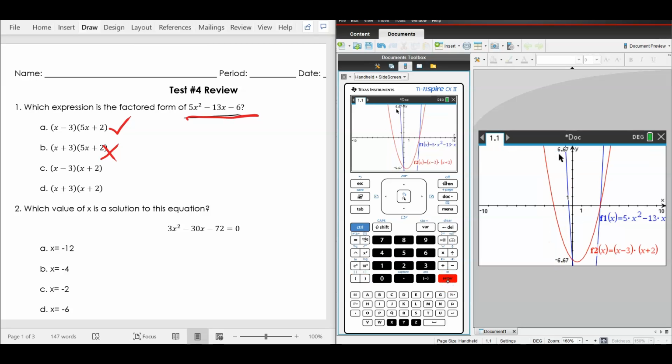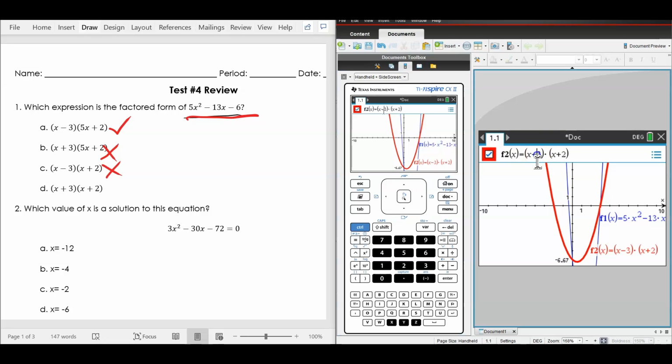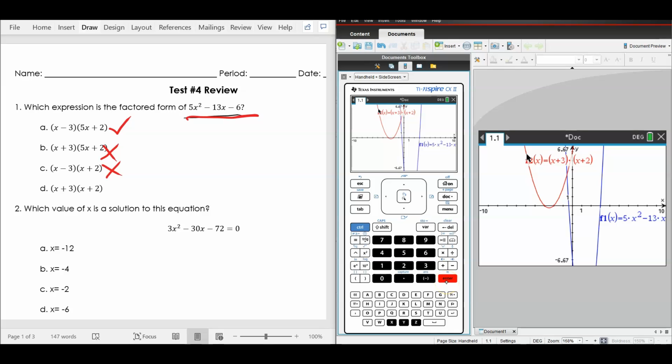You can see that one's different too, and that one's different too. So again, that's one way to do it. You can graph and compare, right?